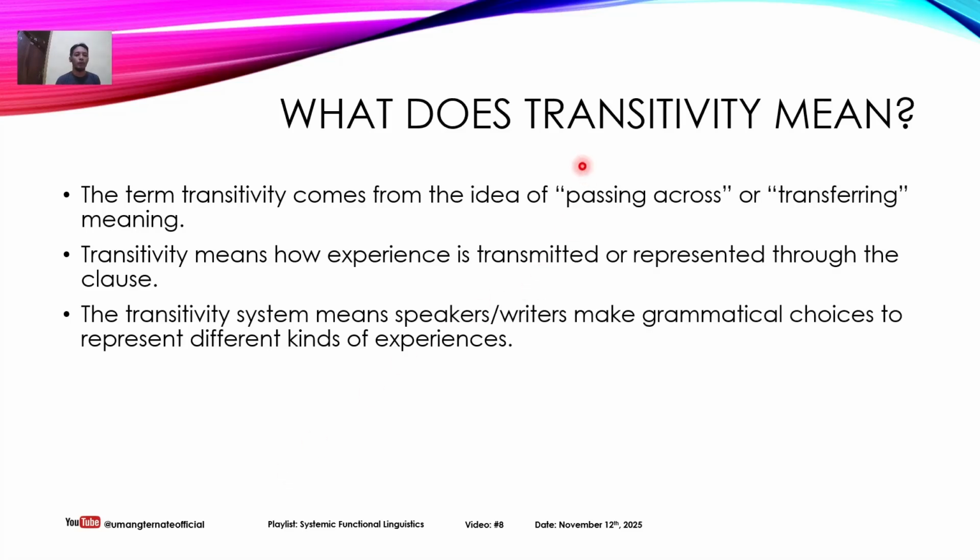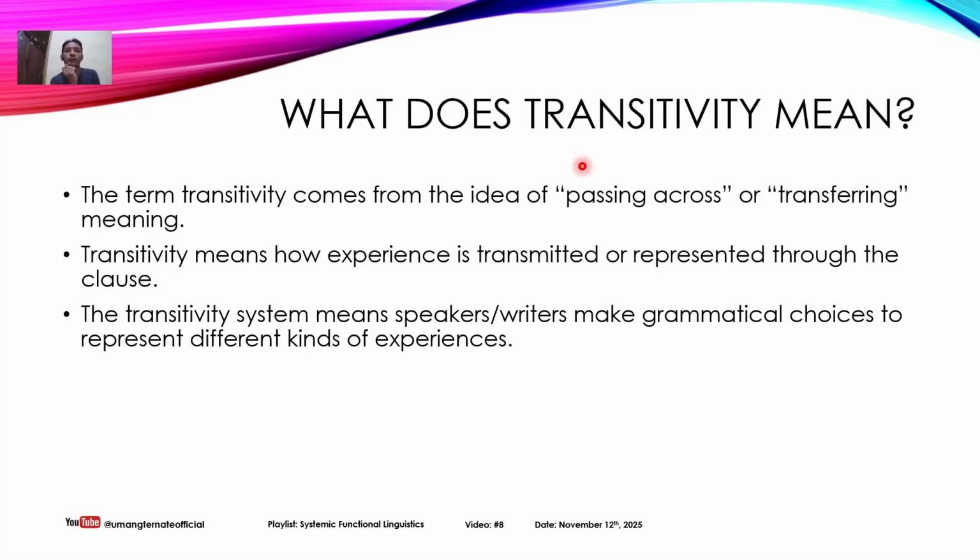So what is transitivity itself? If you refer to the traditional grammar, the term transitivity relates to the connection or the relationship between verbs and noun phrases. For example, we have some verbs which require objects.